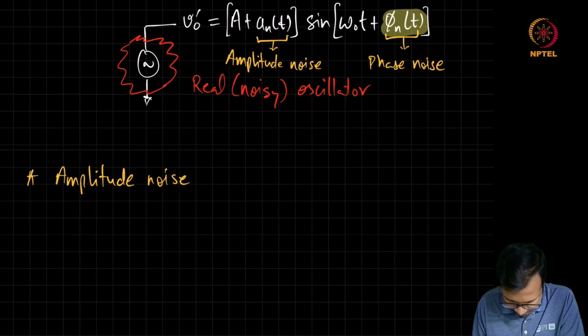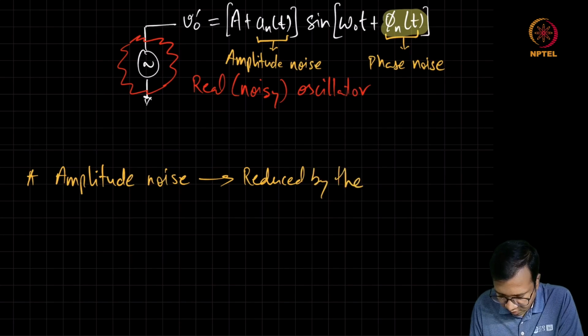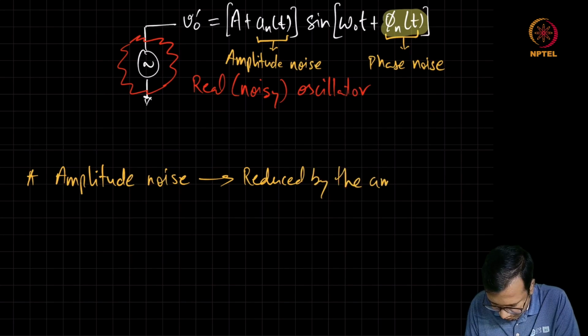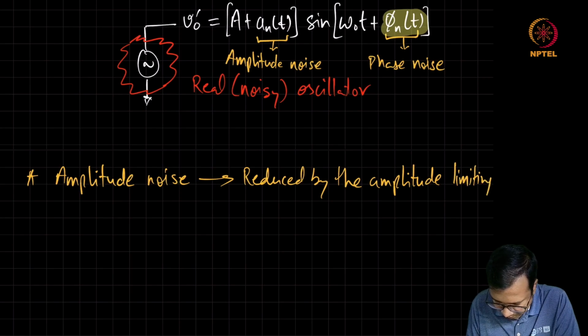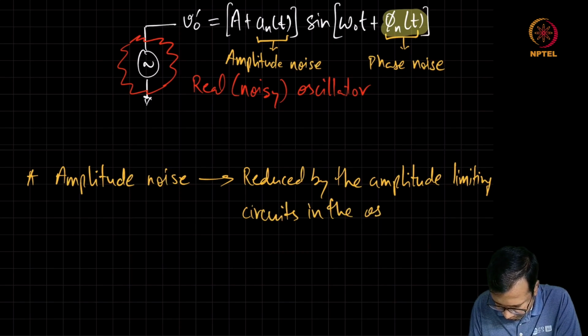The amplitude noise is reduced by the amplitude limiting circuits in the oscillator itself.